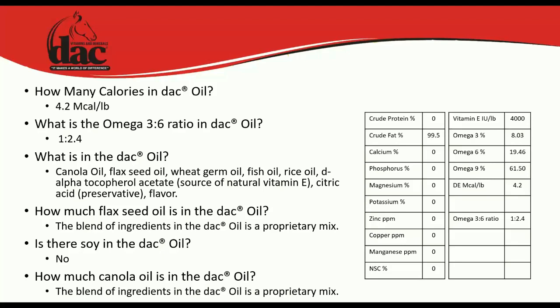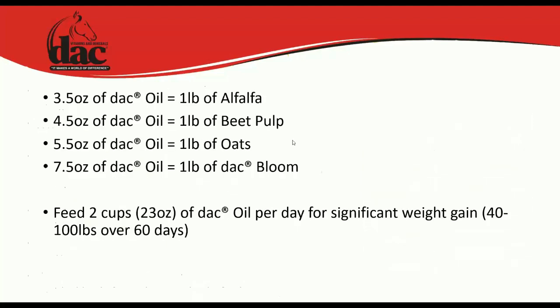They don't need to consume them, unlike omega-3s and 6s, which are essential. They need to consume those in their diet. How much calories or energy? It's 4.2 megacals per pound.